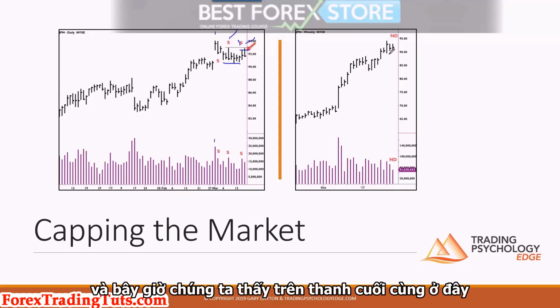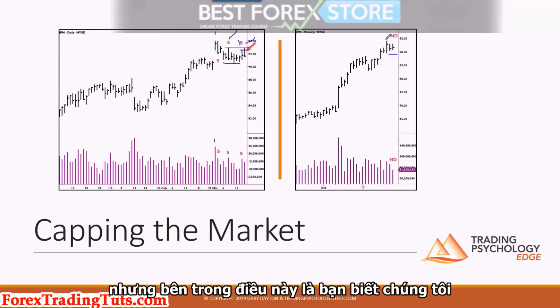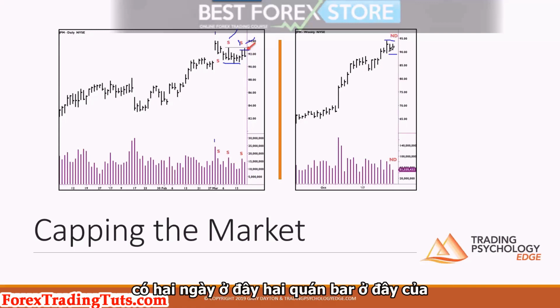And now we see on the last bar here of the weekly, it's no demand. Up bar, not quite an inside bar, probably, but inside this we've got 2 days, 2 bars here of inside. So the market's really coiled.